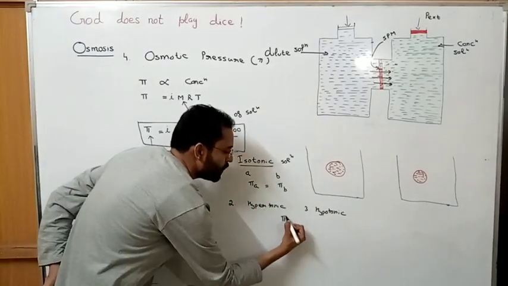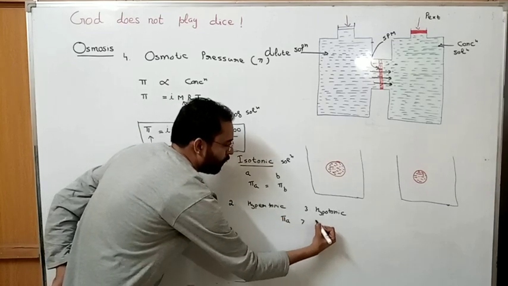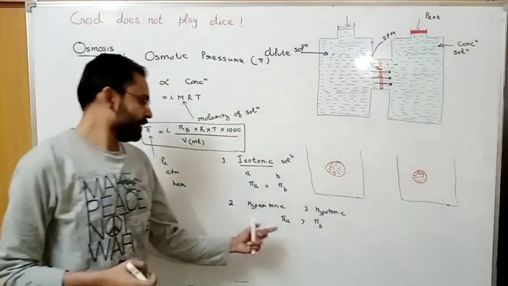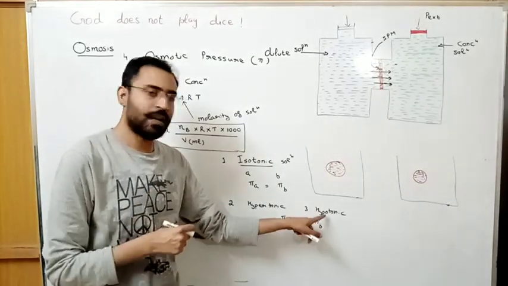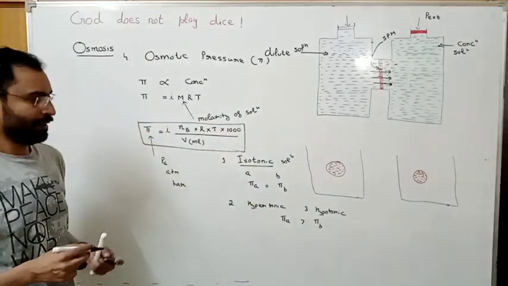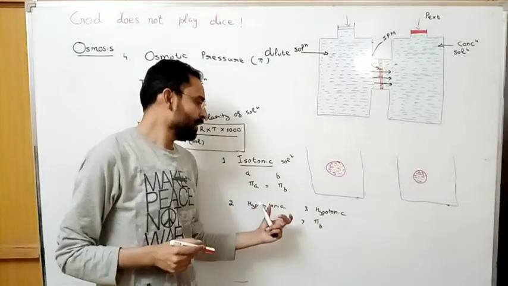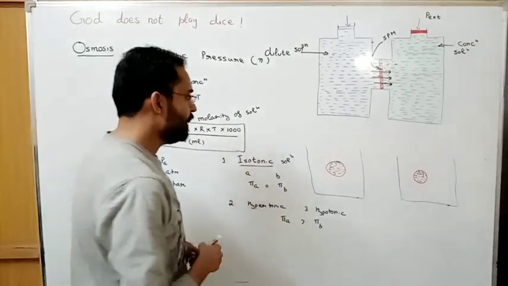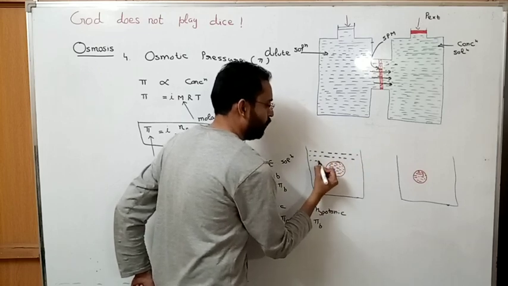Suppose osmotic pressure of solution A is greater than that of B, then solution A is hypertonic and the solution which has less osmotic pressure is known as hypotonic solution. I am explaining these three terms with an example. Consider a resin, egg or human RBC.